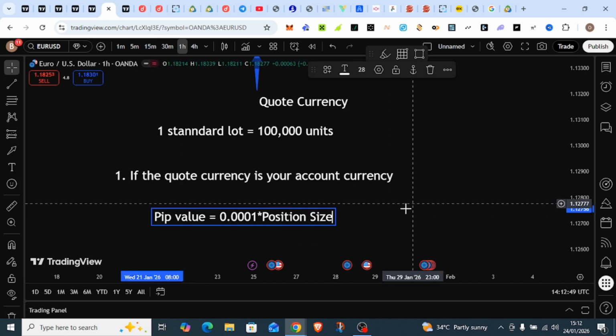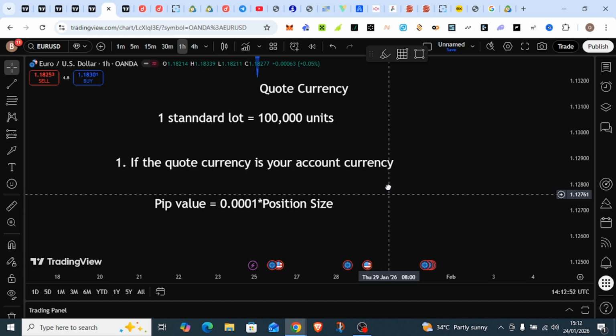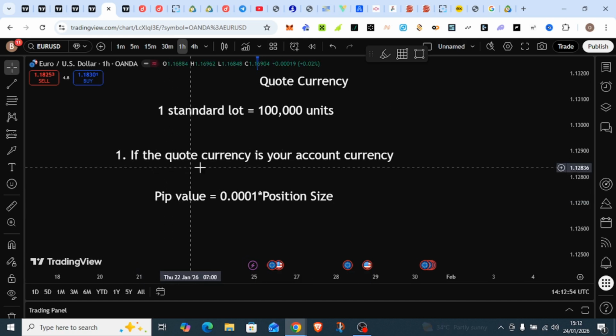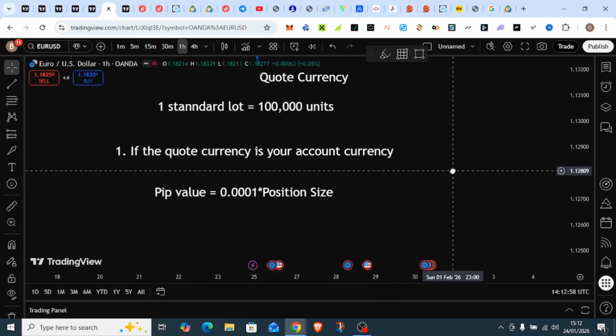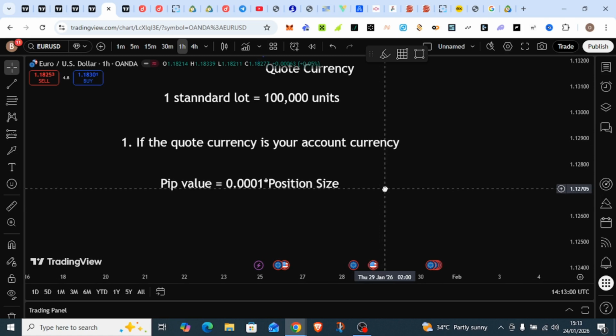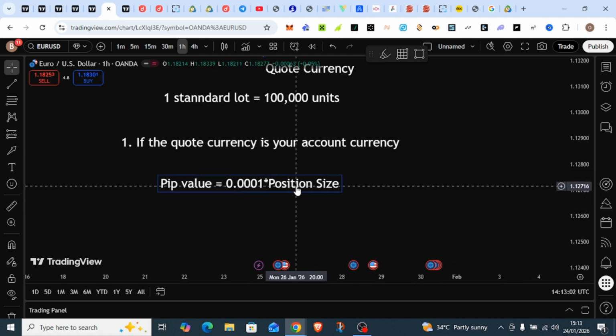So this is the formula you use to calculate pip value if the quote currency is your account currency for most Forex pairs.